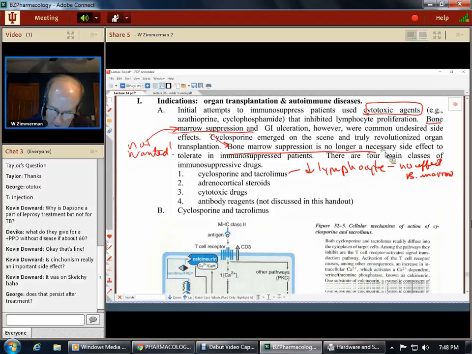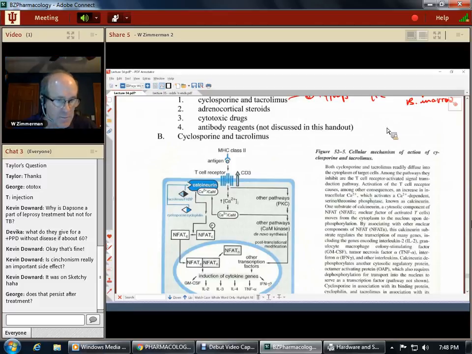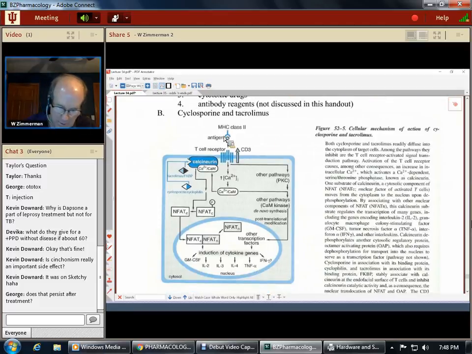The caption I put in here is really good. But we get the antigen binding. This is obviously the T cell receptor.